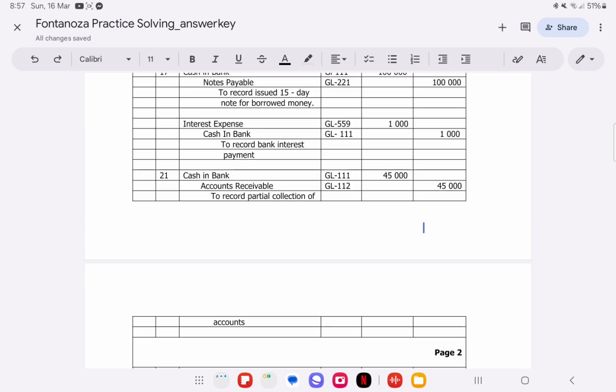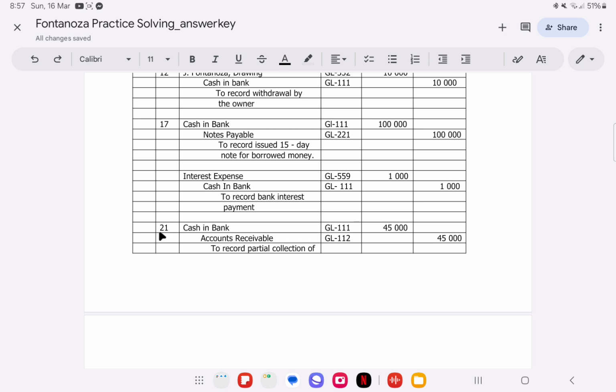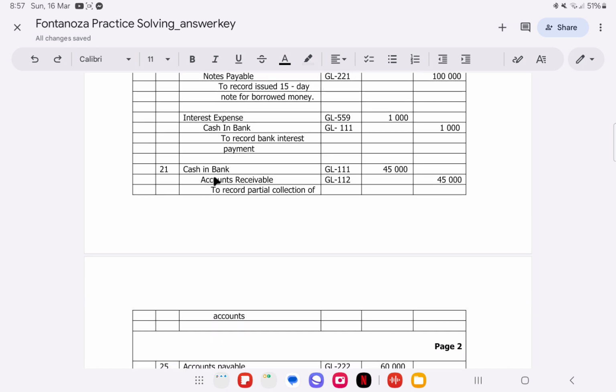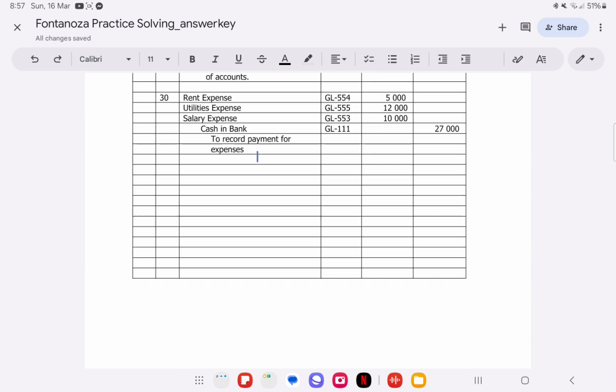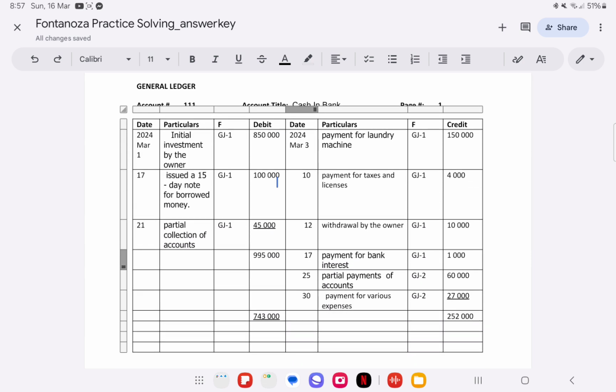Okay, so next transaction, March 21, cash in bank is a debit 45,000, credit accounts receivable 45,000, to record partial collection of accounts. Okay, so cash in bank 45,000. So March 21, partial collections of accounts JG1 45,000.